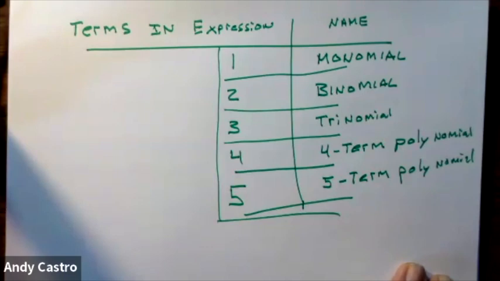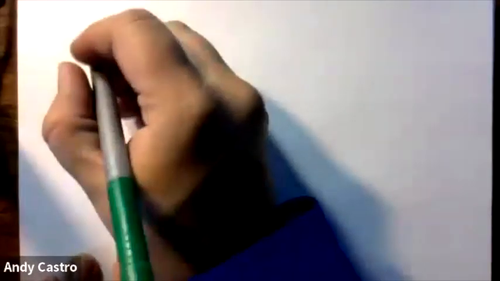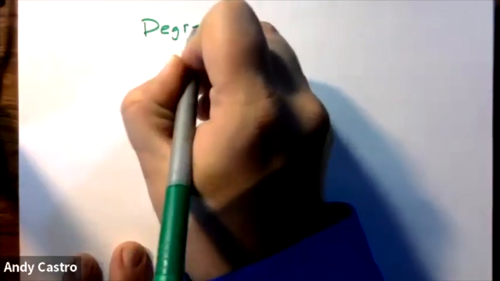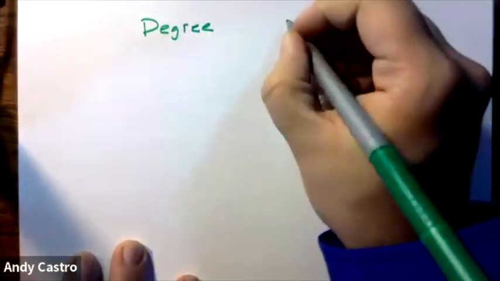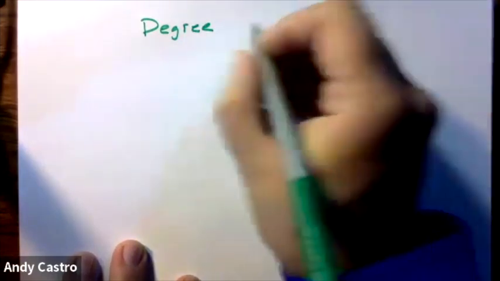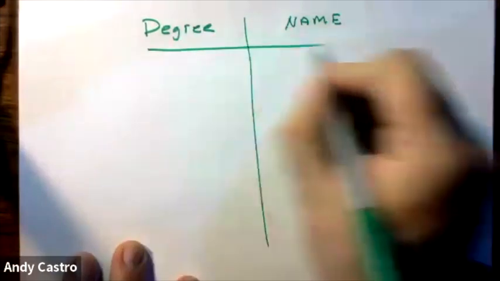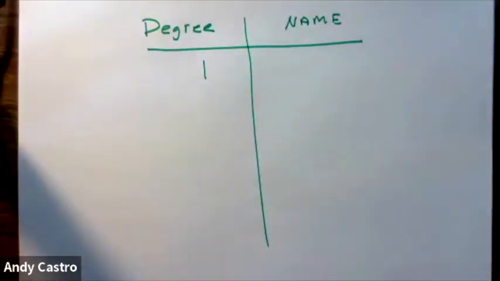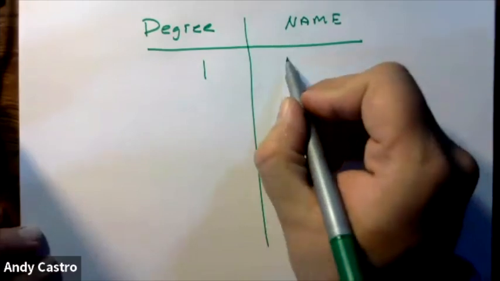We're going to make another small chart. It's going to be degree. And then name. So if it's a degree of 1, the x or the L or whatever variable, the highest is just an exponent of 1. It is called linear.